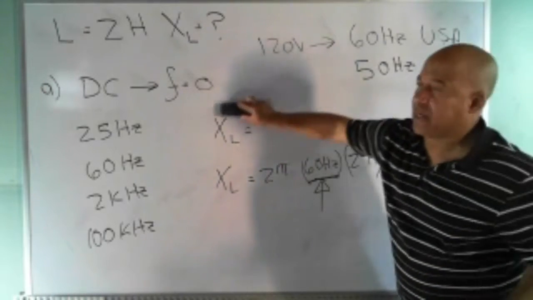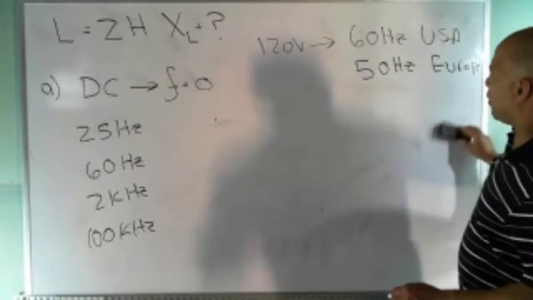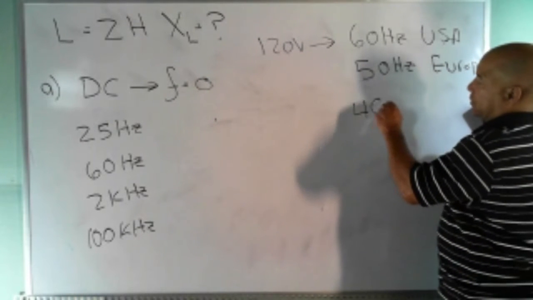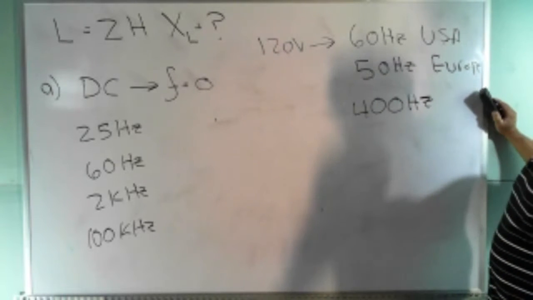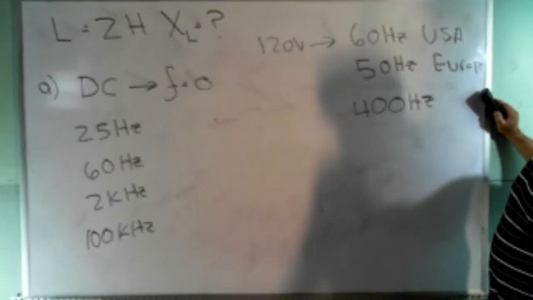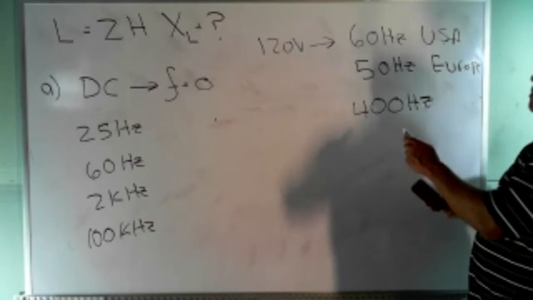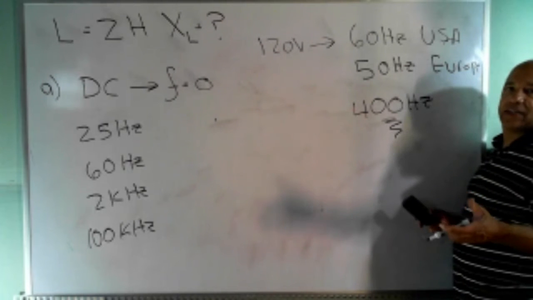And if you get on a plane like Delta or TWA, it's AC on the airplane. The frequency is 400 hertz. And you might wonder, why is it 400 hertz on the airplane? By making that frequency higher, certain devices can be made smaller.